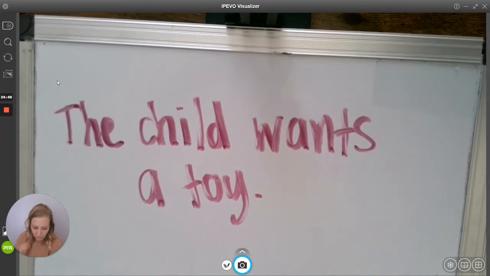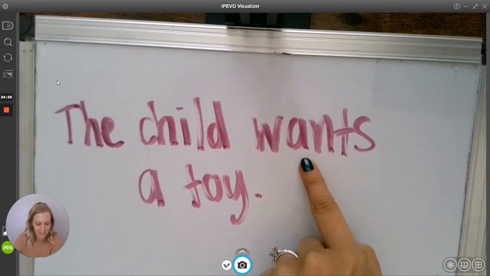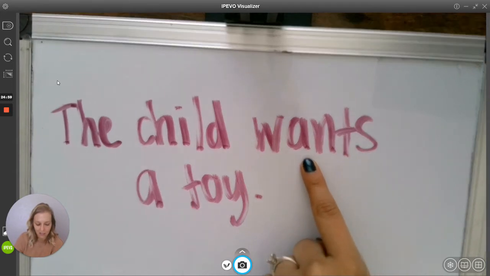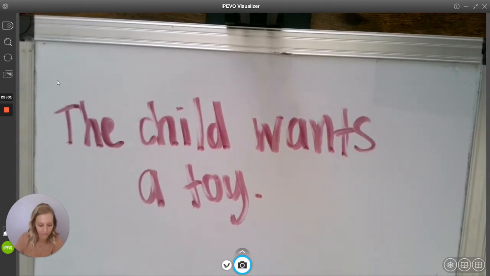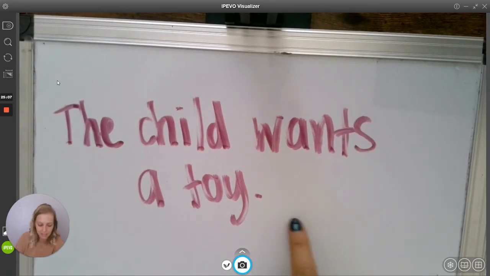Okay, what is the verb? Point to it on your screen. Which one? Wants. In this sentence, the child wants a toy. And they want it now. How would we change the sentence if this happened yesterday and I was telling someone about it?